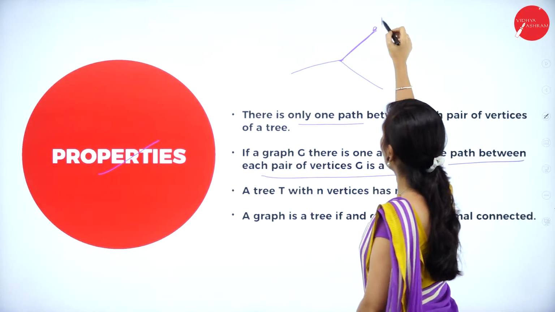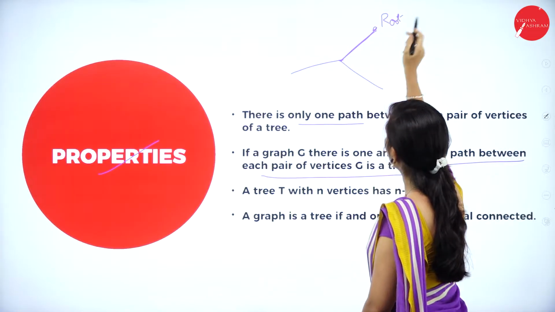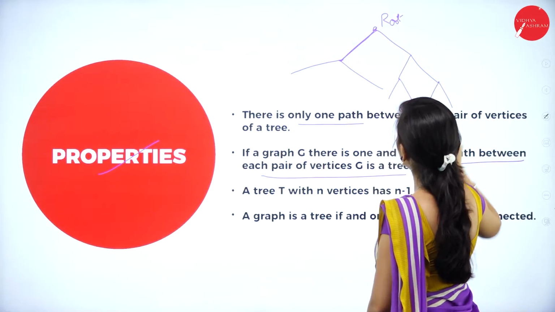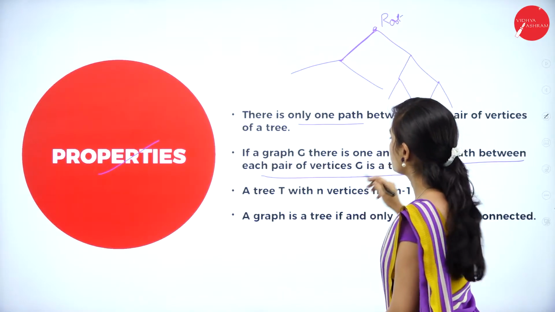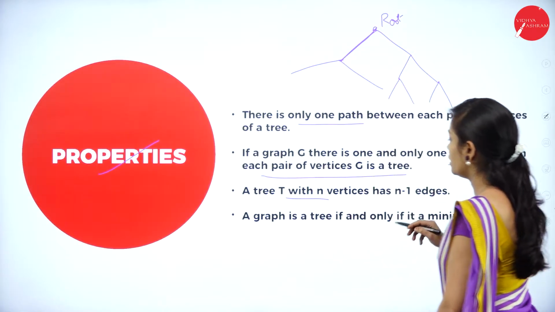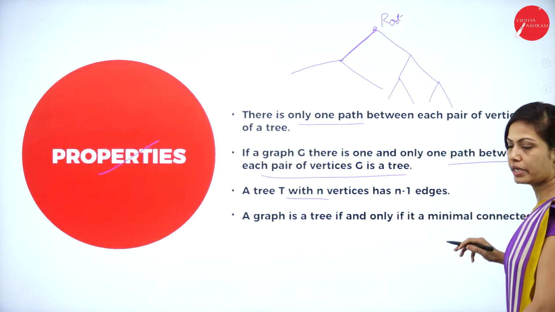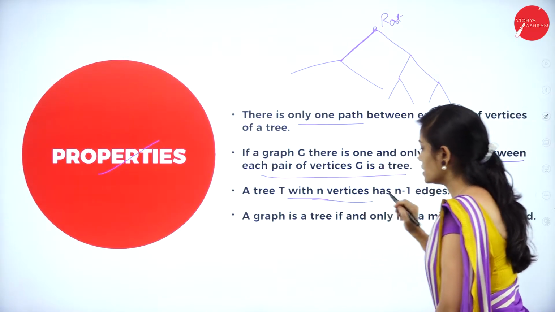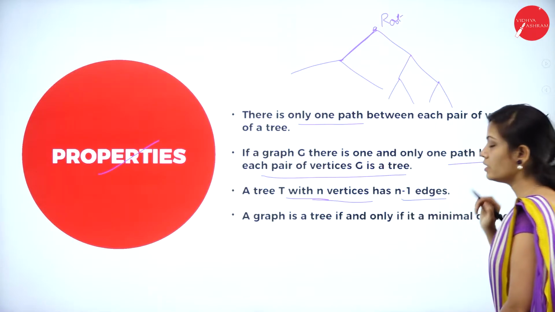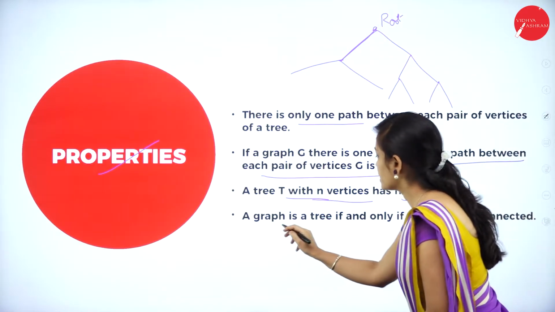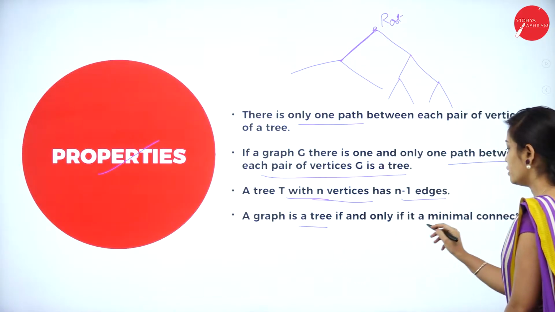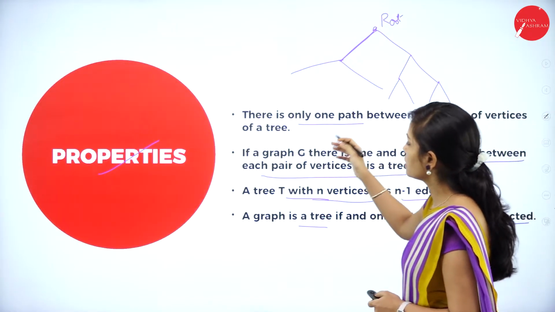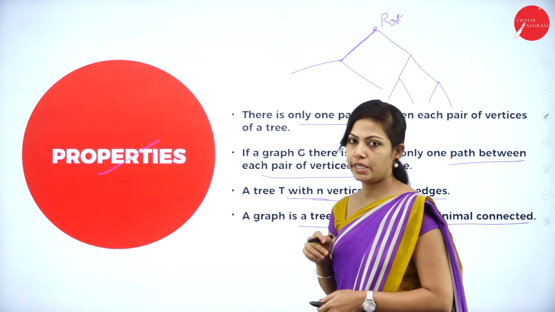Here it is a root node and it consists of so many nodes. Clear? Now a tree T with n vertices has n minus 1 edges. We have already discussed this: if a tree has n vertices, it has n minus 1 edges. And a graph is a tree if and only if it is minimally connected. Is it clear? These are the main properties of tree.